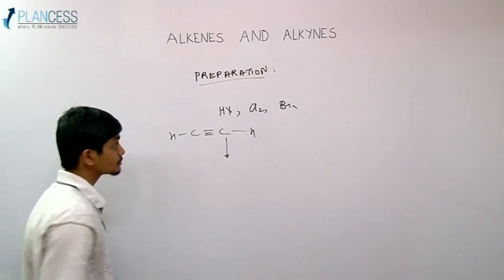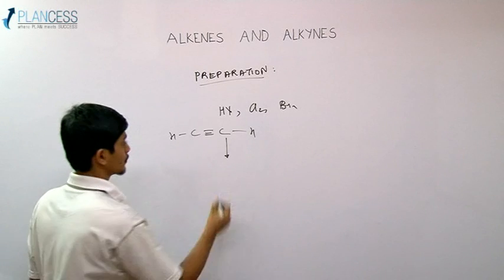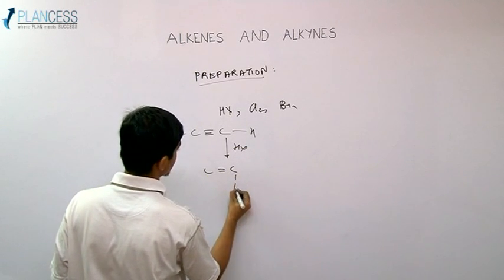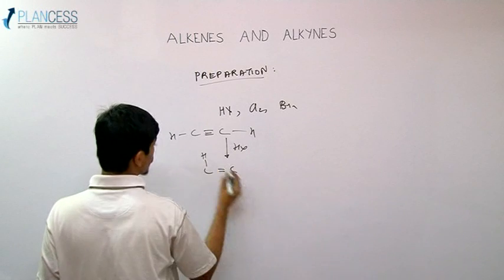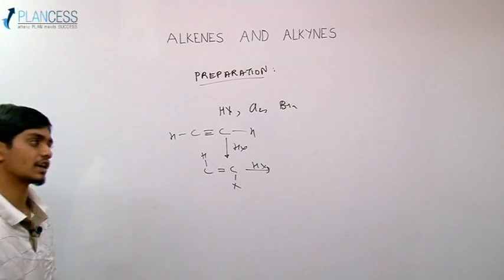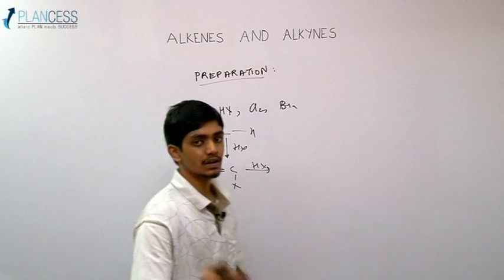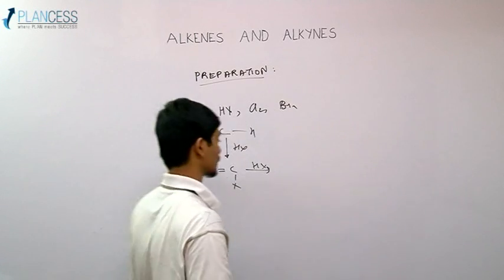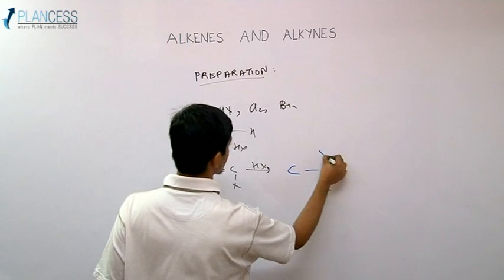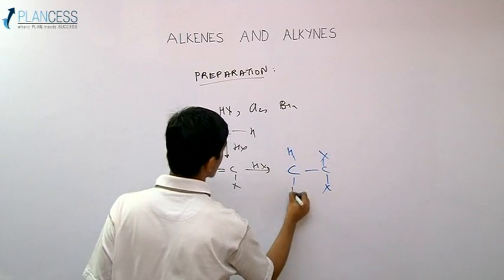That is, HX is there, one molecule you take, you add it, you get this kind of structure. One more HX you add. As I told you, whatever reactions are there for alkenes, do it one more time for alkynes and you will get the product. So you get C, X, X, H and H.